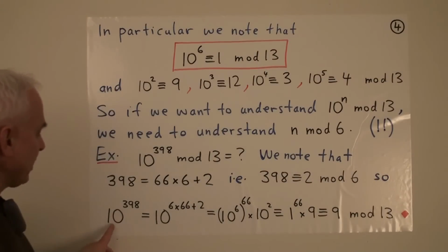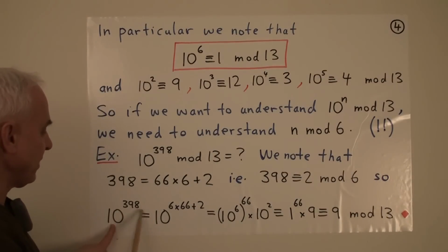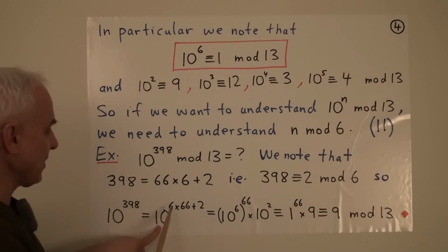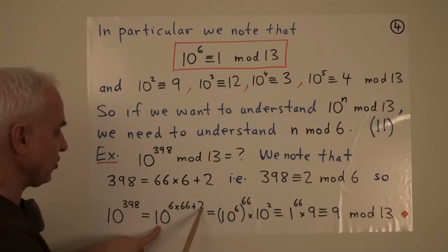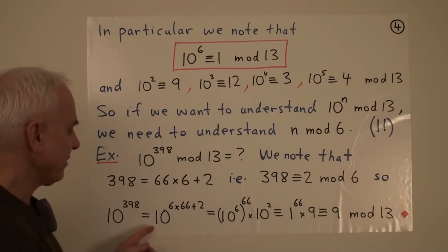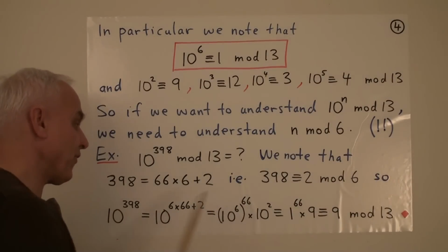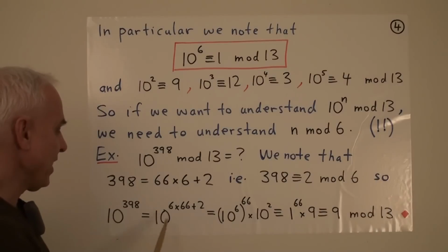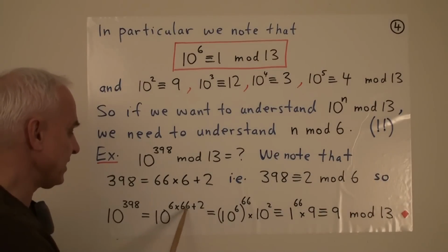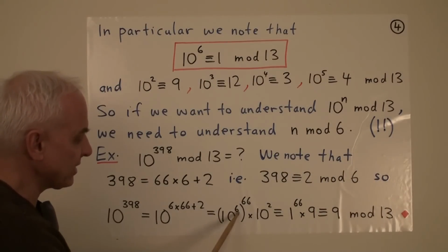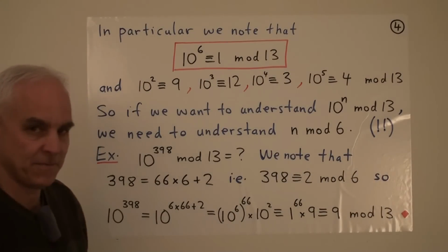We now can say that 10 to the 398 is equal to 10 to the 6 times 66 plus 2. And now I'm going to rewrite this just using ordinary rules for exponents. This 10 to the 6 times 66, I'll write it as 10 to the 6 to the 66.